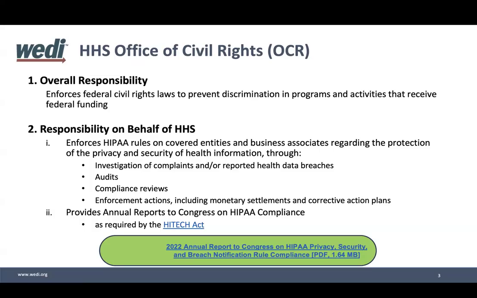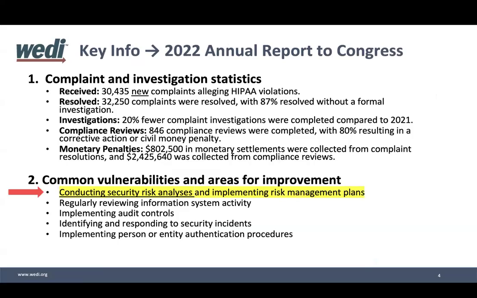This leads us to the next page. From the last report to Congress, on 2022 data, we see OCR conducting investigations and audits of covered entities and business associates pursuant to reports of data breach.